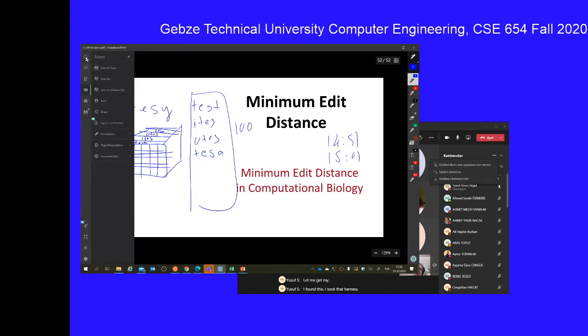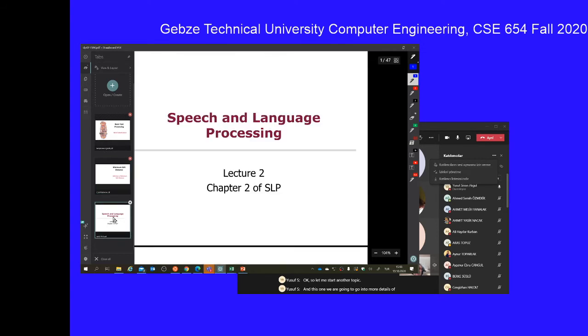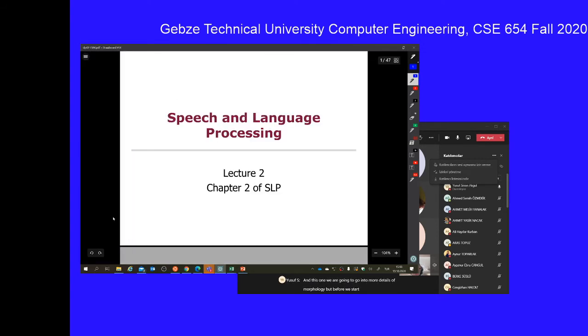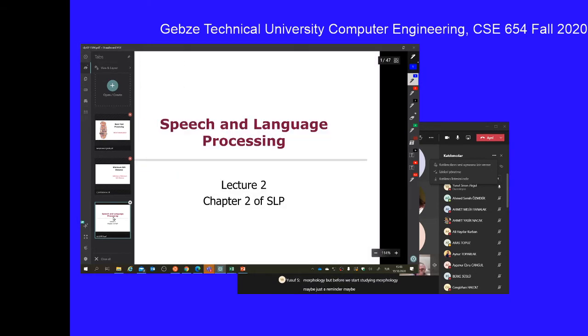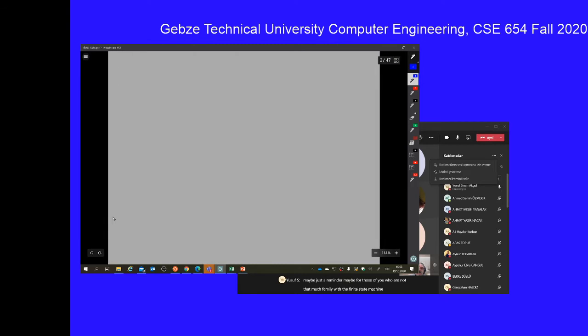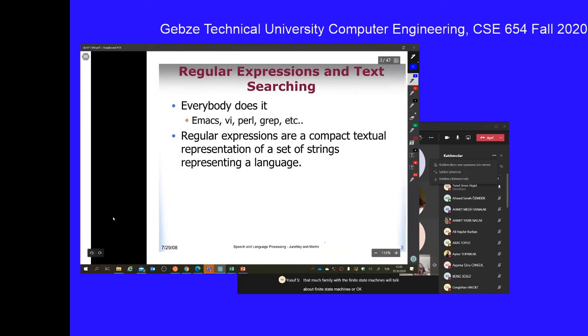Okay, so let me start another topic. This one we are going to go into more details of morphology. But before we start studying morphology, maybe just a reminder for those of you who are not that familiar with finite state machines, we'll talk about finite state machines. Finite state methods are very easy actually.